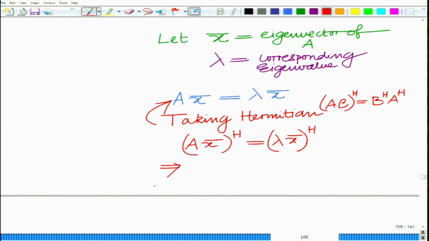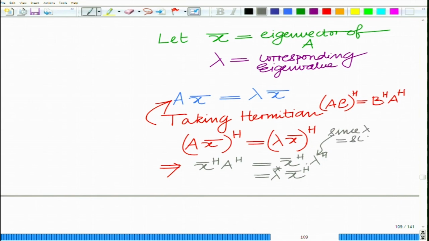So, this implies basically that x bar Hermitian times A Hermitian equals x bar Hermitian times lambda Hermitian, but lambda is a scalar, just a number. So, I can simply write this as x bar Hermitian times lambda conjugate.